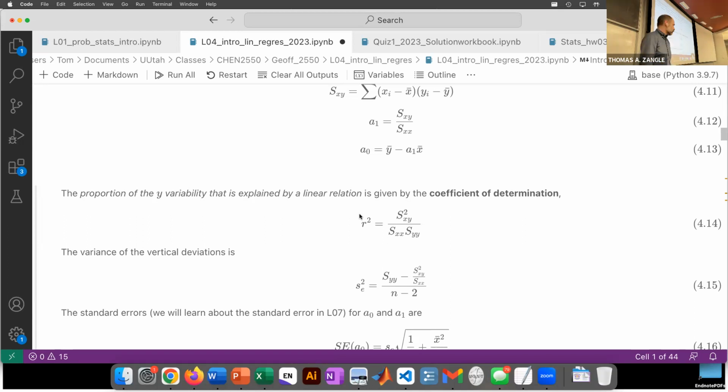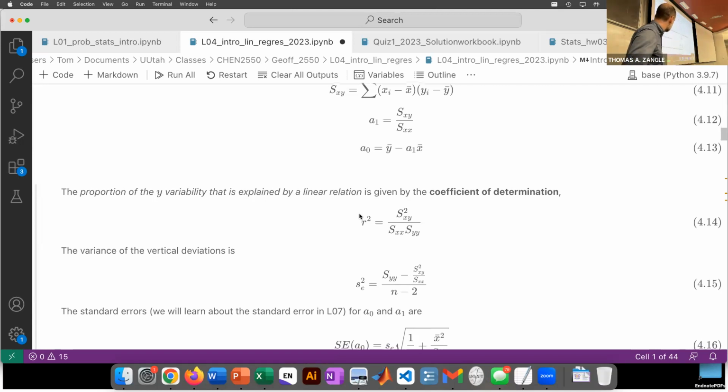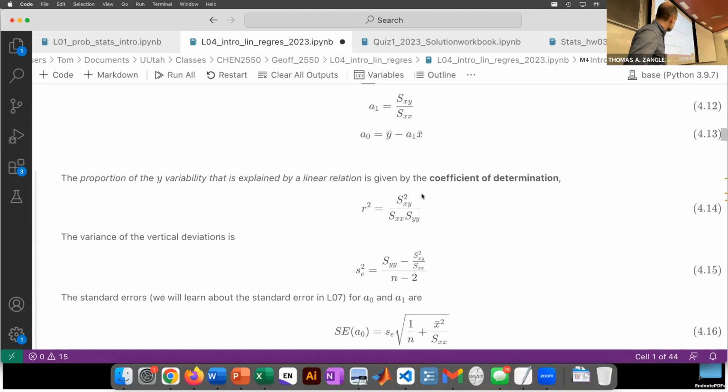So when we plot a line against our data, the line describes this fraction of the overall variability that we saw. Using SXY, SXX, and SYY, we can compute directly what this R squared is. That's why we went to the trouble of defining those things earlier.